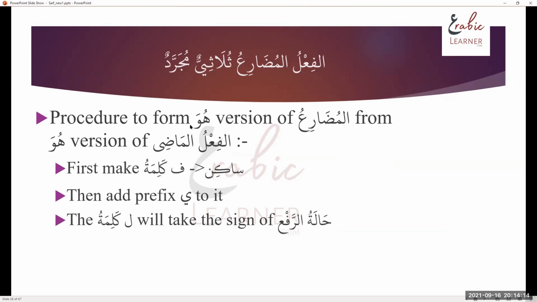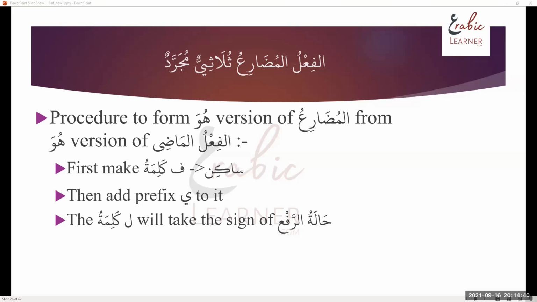The Lam Kalima will take the sign of Halatul Rafa. I told you, like Ism, Fi'l also has something called I'rab. And I told you, what are the I'rab of Ism? How many I'rab are there? 3 I'rab of Ism. And what are they?